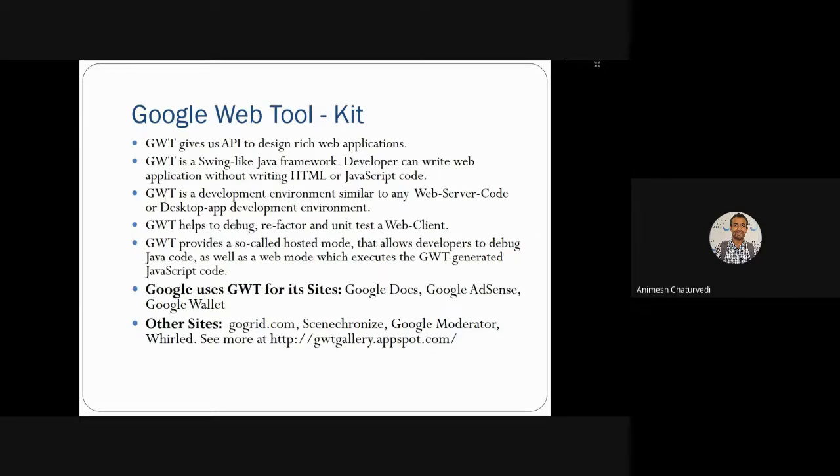Thereafter it helps you with debugging. It will directly launch your website in your localhost browser, and you can see if there is some problem and you want to make some changes. You can debug it, refactor it accordingly, and run unit tests for the web client. So GWT provides the so-called hosted mode that we had discussed, which allows the developer to debug the Java code.